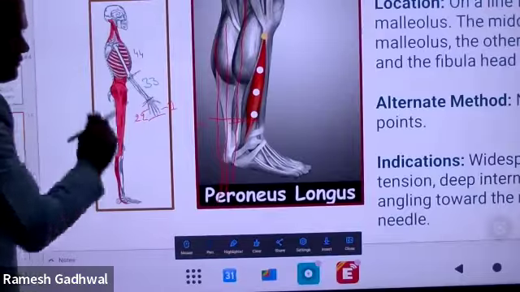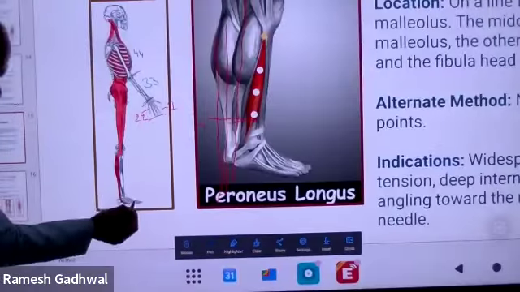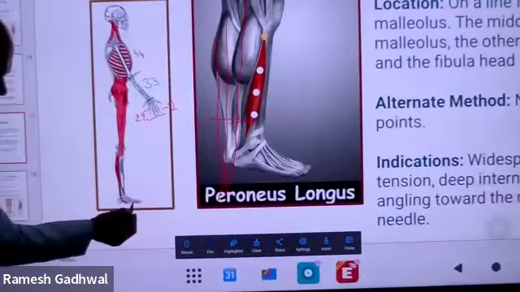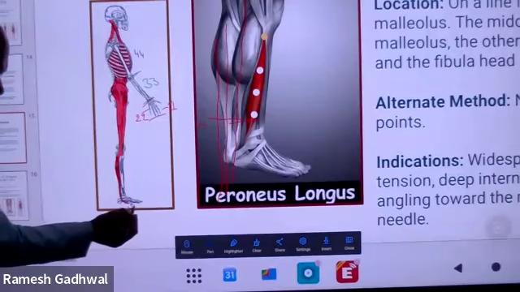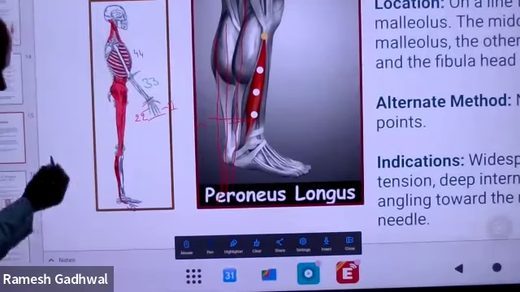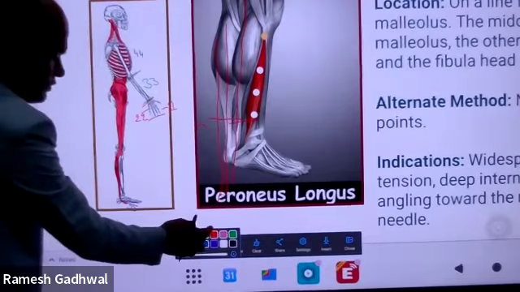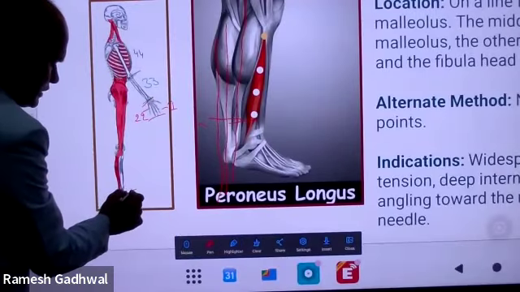Then the plantar side of the foot, it is 55. Then the top of the foot, 66.